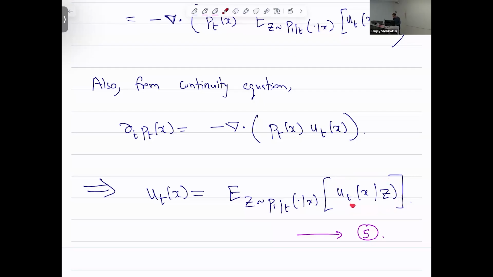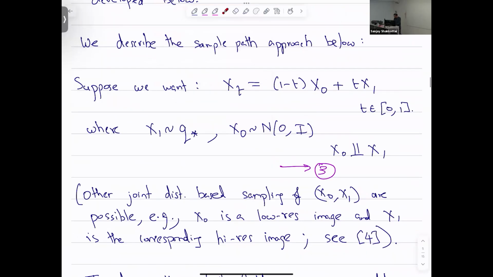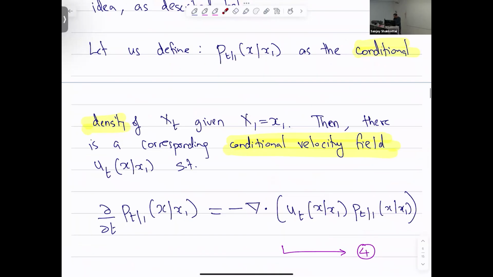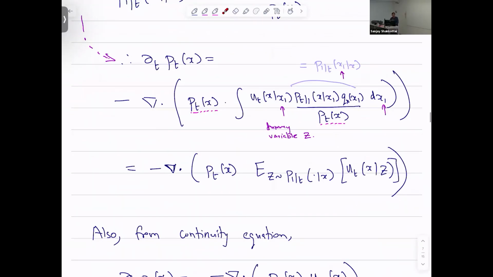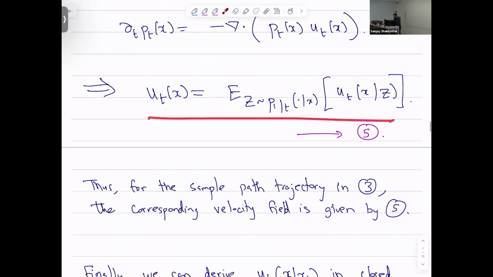This velocity field, remember, was defined for if I wanted to terminate at little x1, then what would the velocity field be? We never derived this in closed form. We just said, hey, for this density evolution, this is the conditional velocity field. I never told you what it is. But if you somehow knew that, you're in business. Now, are you good so far? I haven't finished the story yet.